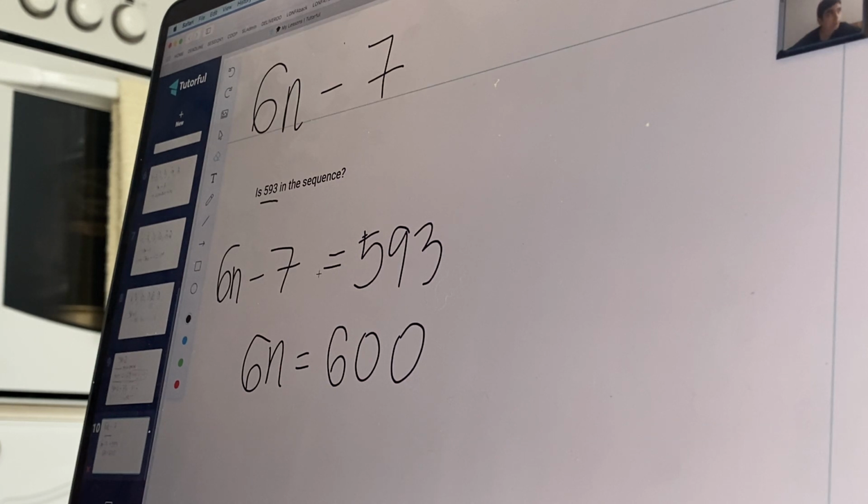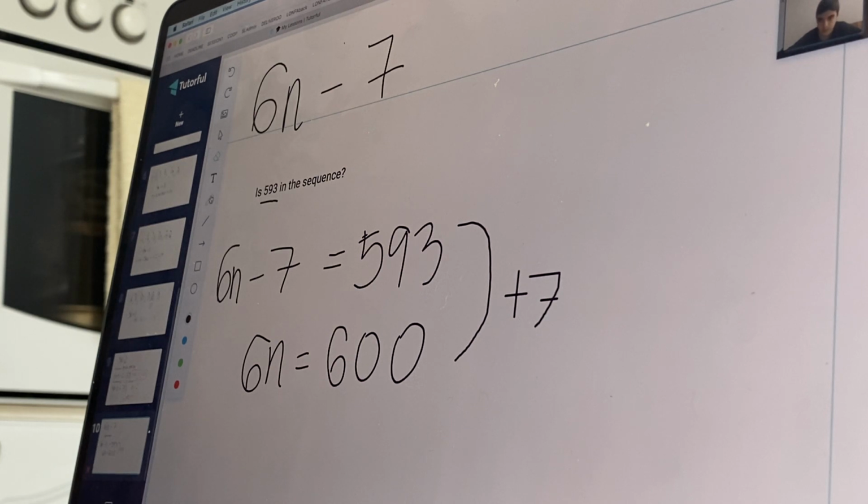Let's see if we can use that to find what n is equal to. If we add this 7, remember it's because it's moving from side to side. Add 7, and then we have 6n equal to 600.